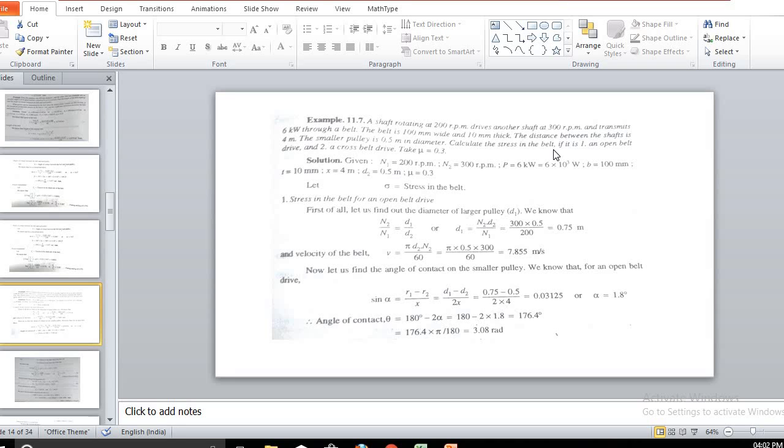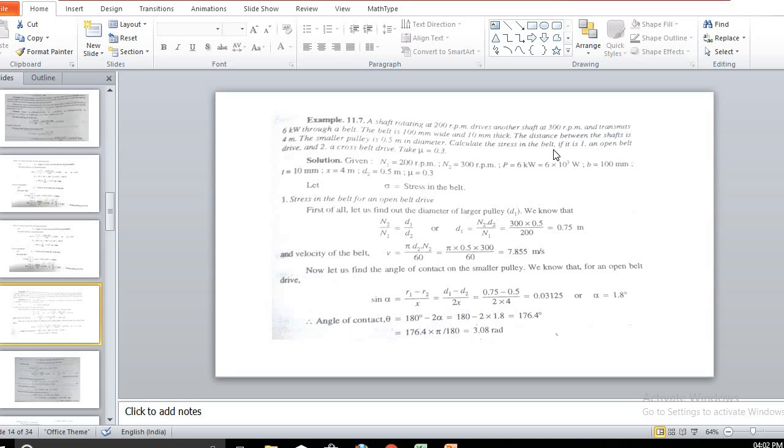Here b is the width and t is the thickness of the belt. In this example, the width and thickness are given, so we can use the second formula, maximum tension equals sigma bt.